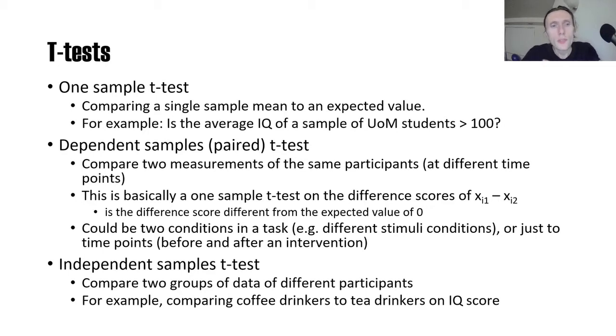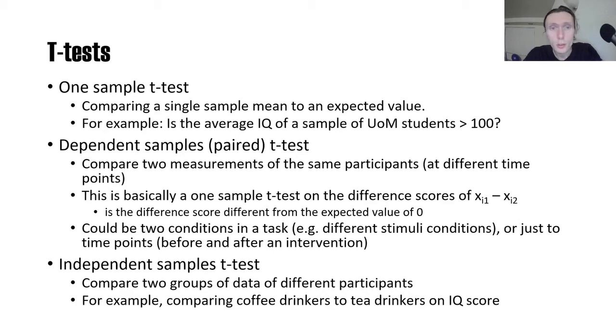So there is something called a one sample t-test, and that is when you have a certain sample of observations. So you run an experiment and you test this against an expected value. Now, in psychology and neuroscience, we often do not have an expected value, but sometimes we have.